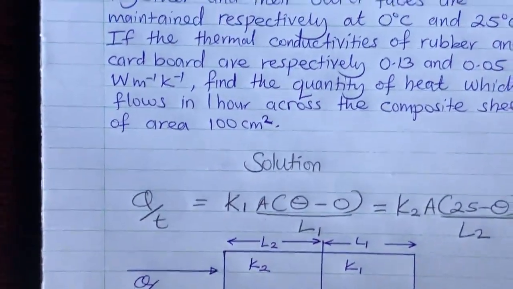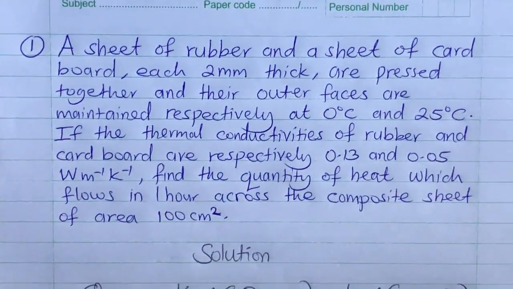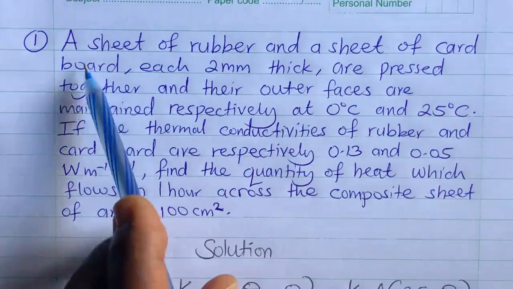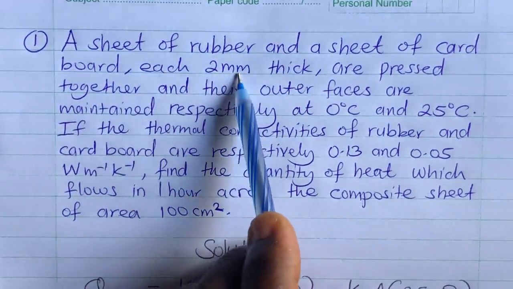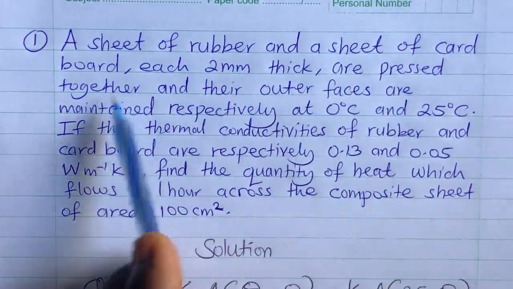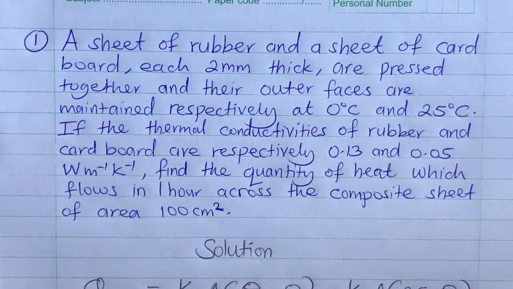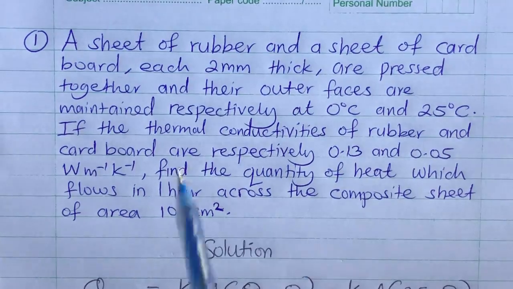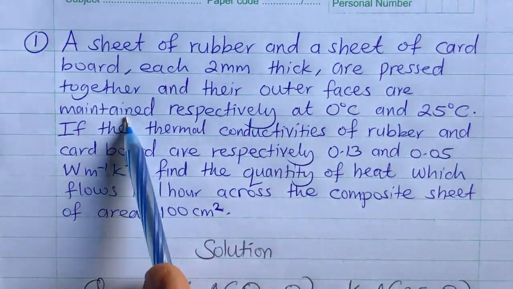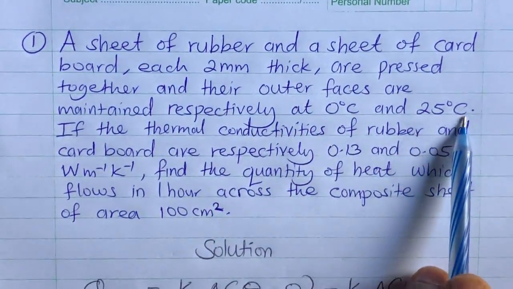So this is our number one. In number one, we are told that a sheet of rubber and a sheet of cardboard, each 2 millimeter thick, are placed together. To place is to pack them together, squeeze them together, and their outer faces are maintained respectively at 0 and 25 degrees Celsius.